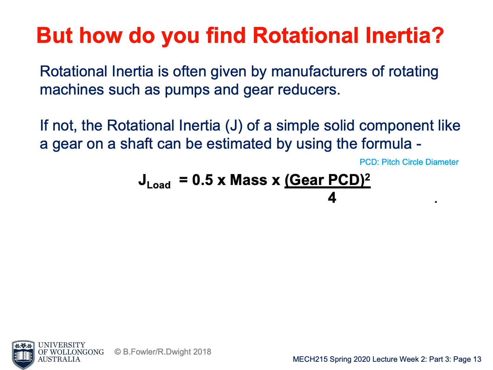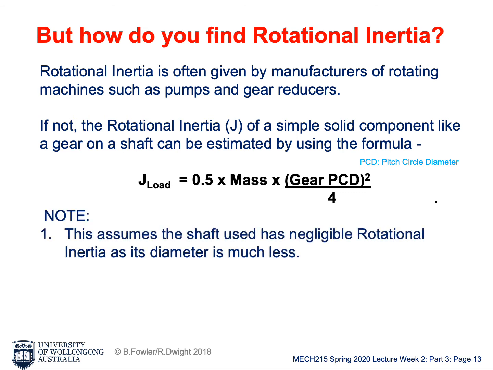We use an equation to approximate that J. This formula shows how to calculate the rotational inertia J at the load side, which is simplified as half of the total mass of the gear, multiplied by half of the gear PCD squared. It's basically the radius squared here. This PCD is the pitch circle diameter, where we assume the whole mass of the gear is consolidated at its pitch engagement location.